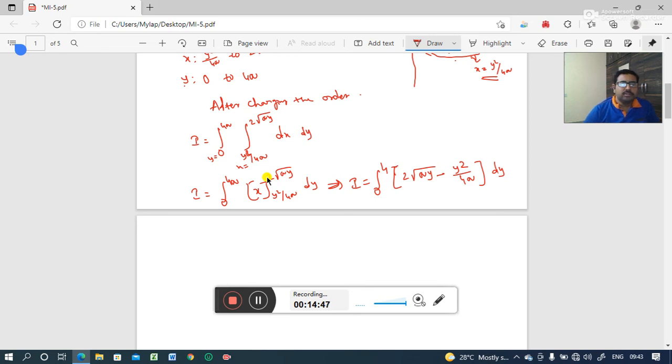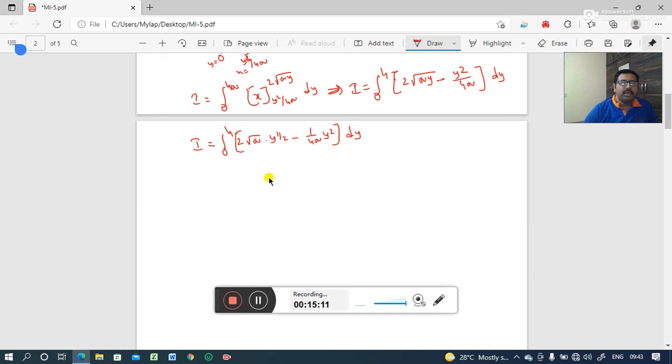So it means I is equal to the integral from 0 to 4 of 2 into square root of a, square root of y, which is nothing but y power 1 by 2, minus 1 by 4a into y square, dy. So integrate with respect to y.